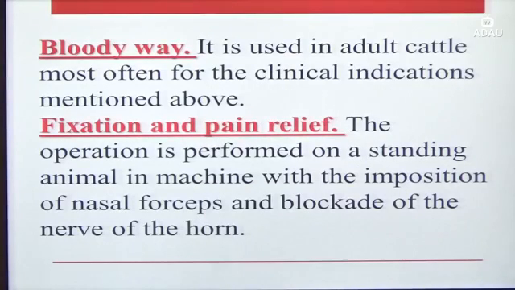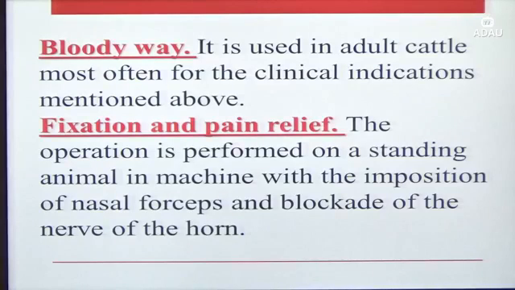This bloodless method is used at 1 to 3 weeks of age in cattle. The bloody way requires fixation and pain relief. The bloody way we use only in adult cattle, because we use the bloodless method in 1 to 3 week old cattle. Here you can see the most common clinical indications, and fixation and pain relief.